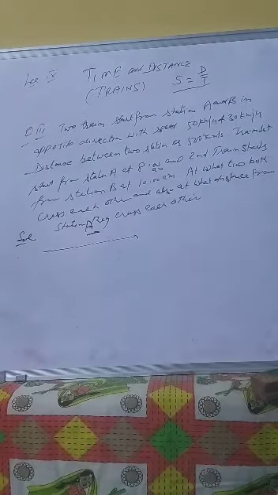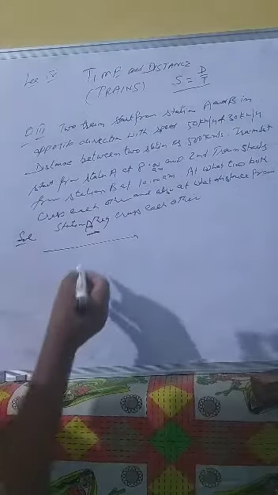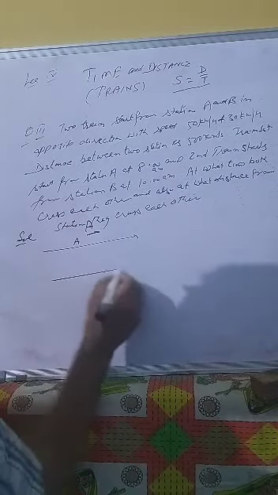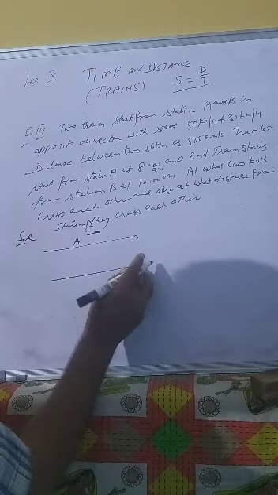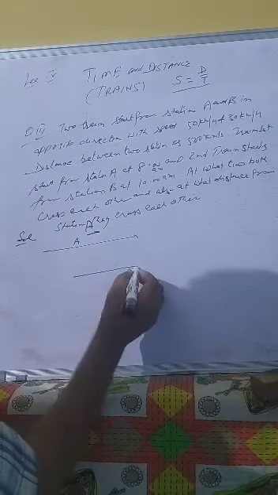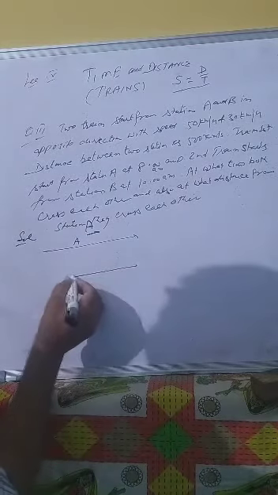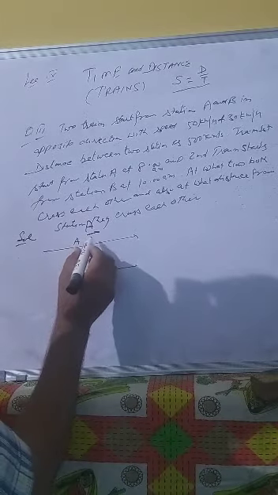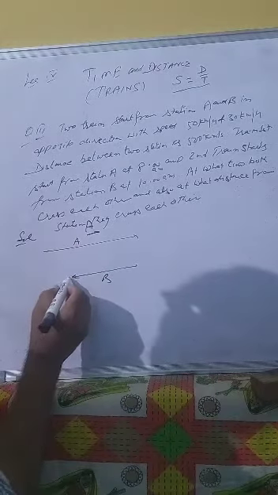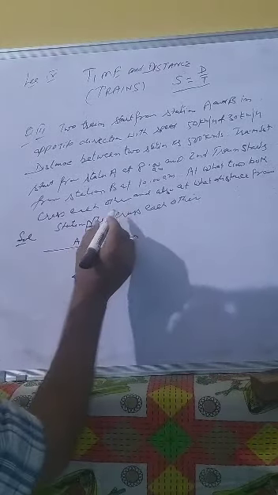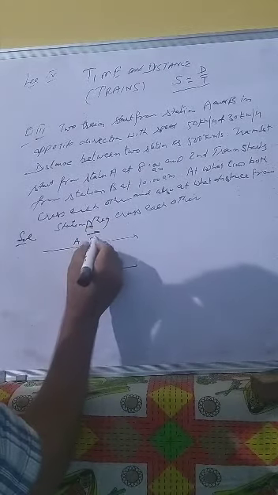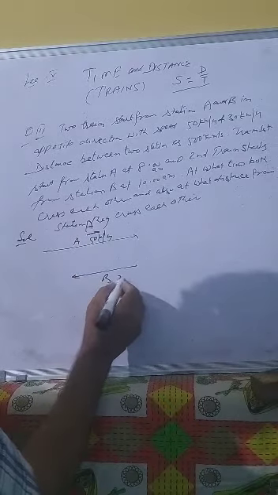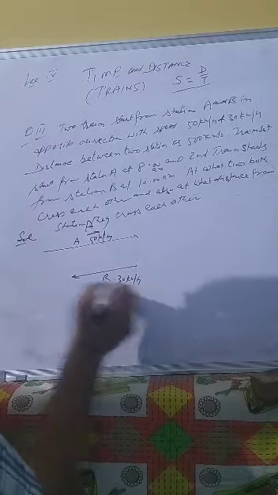Now here is the solution. This is the train A and this is the train B. A is running with the speed 50 kilometers per hour and B with the speed 30 kilometers per hour.